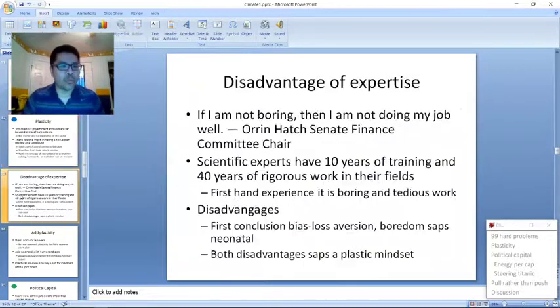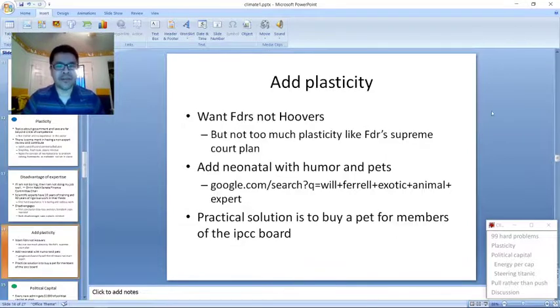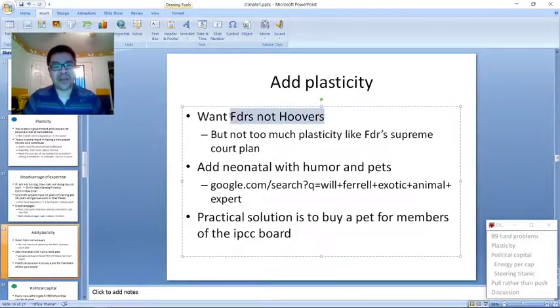One of the comparisons is Hoover's response to the problem and FDR's response to the problem.